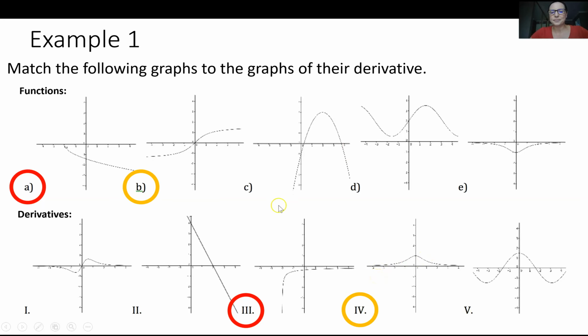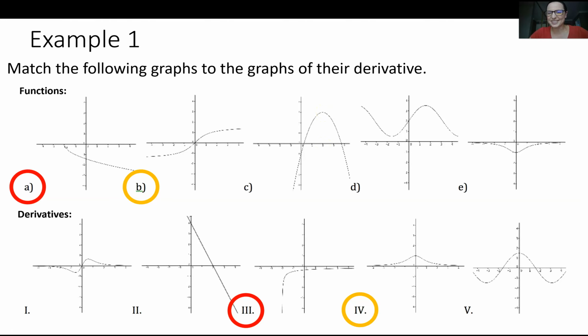Let's try C. In C, we have a quadratic equation facing down, a parabola facing down. Actually, let's start with the 0. Right at 2, you can see right here, if I were to draw a tangent line, it would be a horizontal tangent line, and we know that horizontal tangent lines have slopes of 0. So I'm going to be looking for a derivative graph that has a 0 right when x is 2.